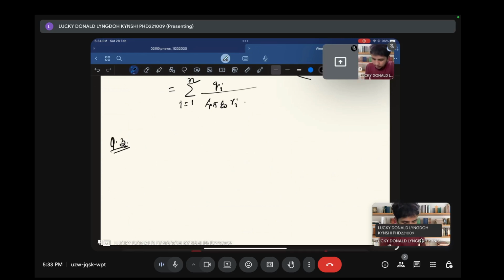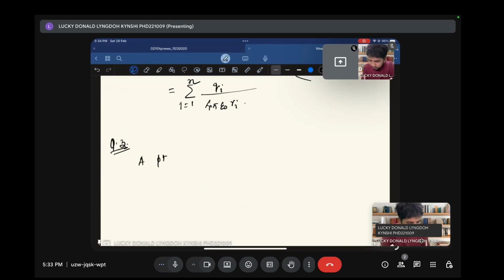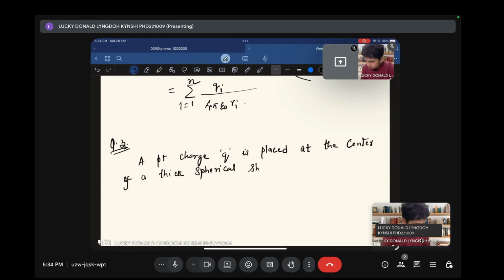So the question says: a point charge q is placed at the center of a thick spherical shell of inner and outer radii r1 and r2 respectively.